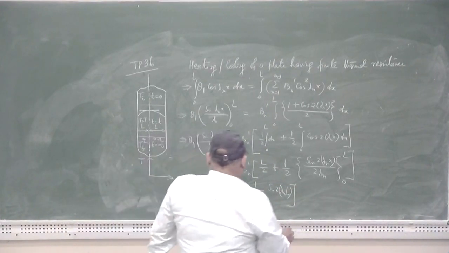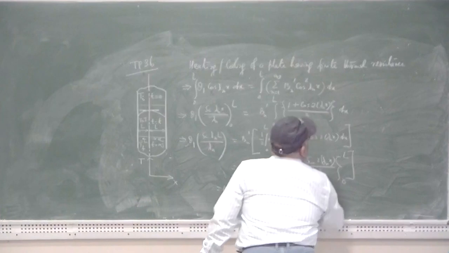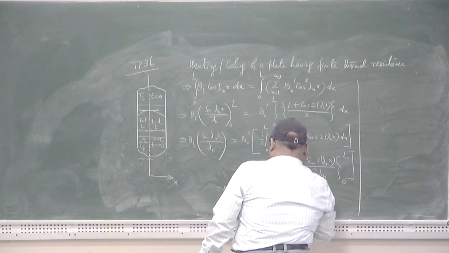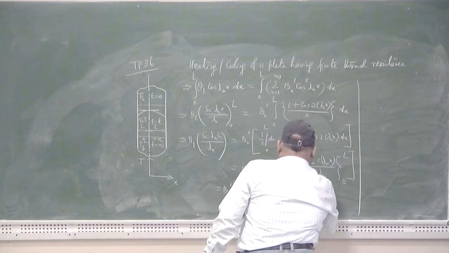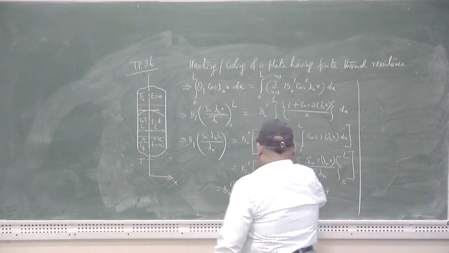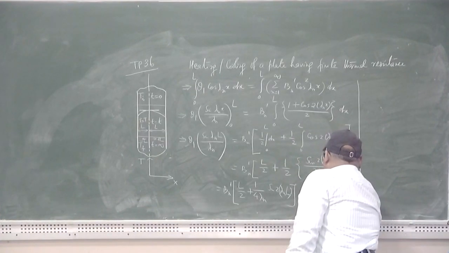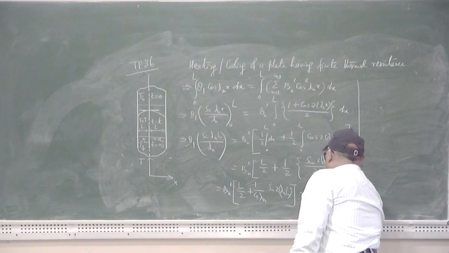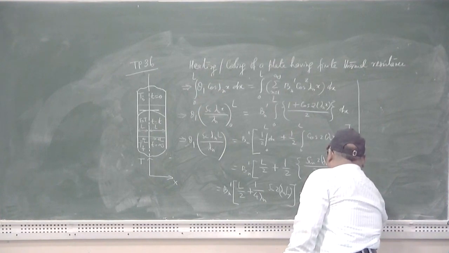So that can be written as bn dash into L by 2 plus sin lambda nL cos lambda nL divided by 2 lambda n.